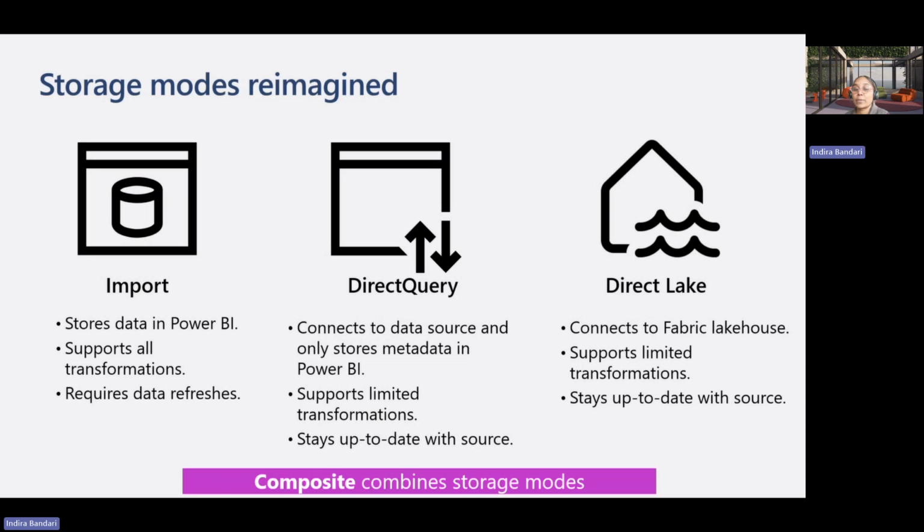It supports limited transformations, but the data stays up to date with the source. Direct lake connects your semantic model directly to delta tables in OneLake, and there is no data movement here, no scheduled refresh, and then your reports query the lake at speed.